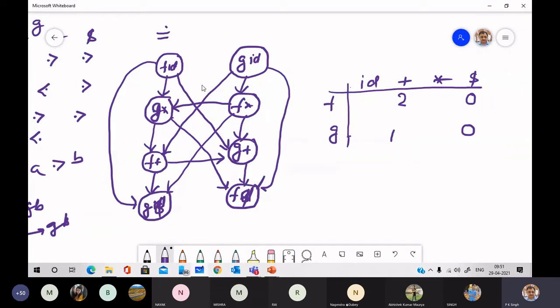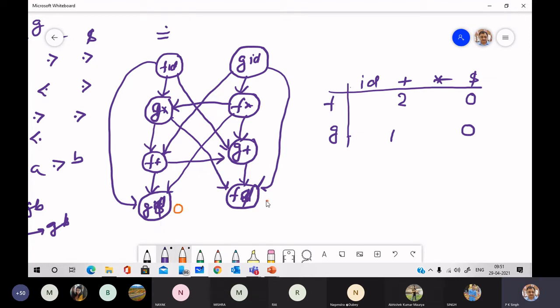If you consider the entire expression grammar, there are several nodes, but here we have used only 4 terminal symbols.